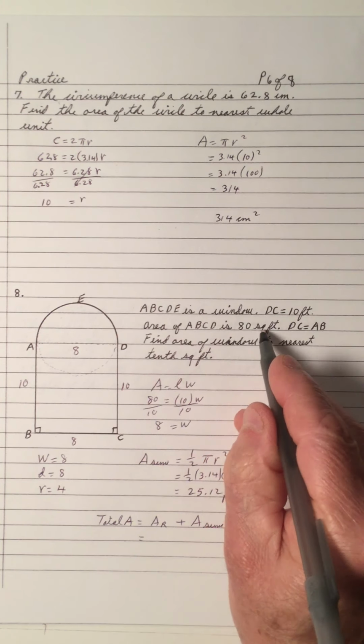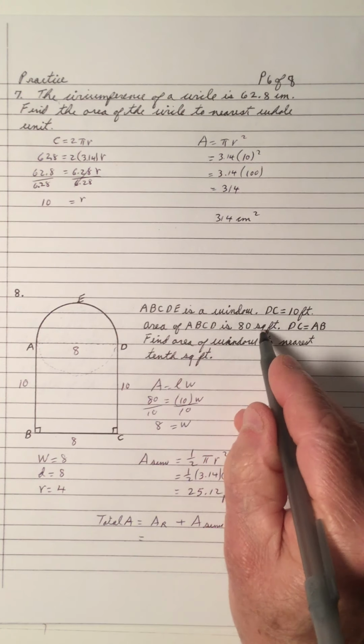Okay. Now I need the area of the circle. The area of a circle is, let's see, I have a height. There's the height. So if the height is 8, that means your diameter of the circle is 8. That means your radius is 4. So that's 8 from there to there. So there's a 4 and a 4. And there's a 4 here and a 4 here.